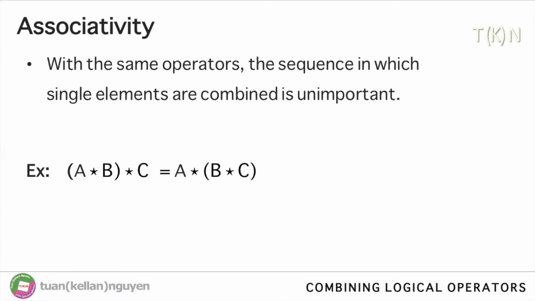If we first create a conjunction of A and B and then combine the result with C, or if we first create a conjunction of B and C and then combine that with the condition A, then the two results of these expressions are the same. And this rule holds for disjunction expressions with the logical OR as well.